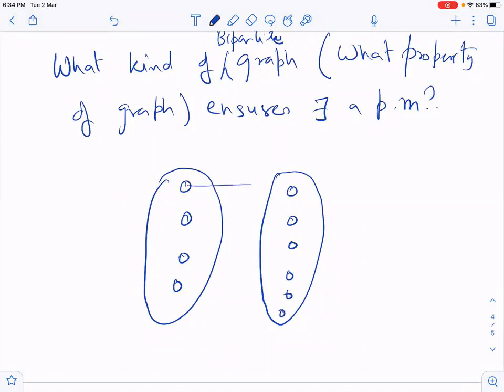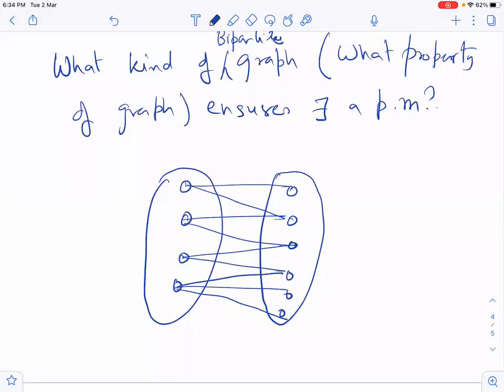Say I have this graph here. Do you think such a graph has a perfect matching? Or when do you think a graph has a perfect matching?